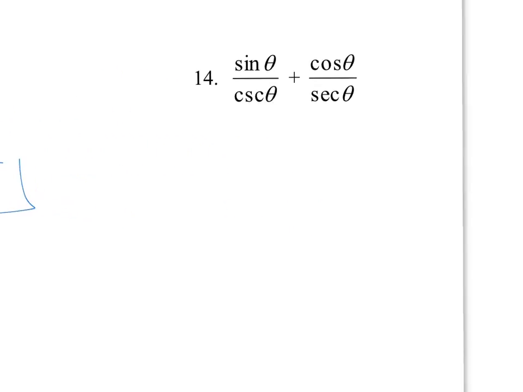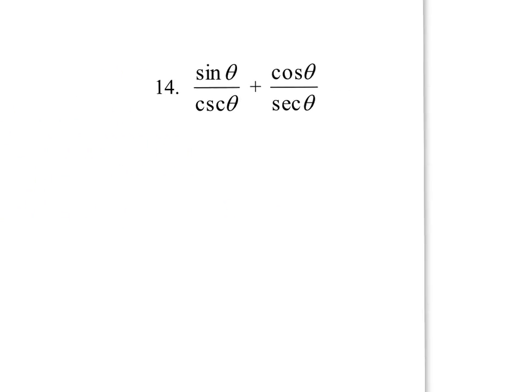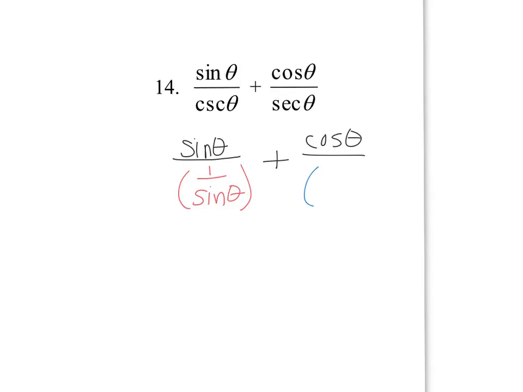And then 14 is, I'm adding these, so I'm going to want to get a common denominator here. So first I'm going to write everything in terms of sine and cosine. So I have sine of theta over cosecant of theta, which is 1 over sine of theta, plus cosine of theta over secant, and secant is 1 over cosine theta.